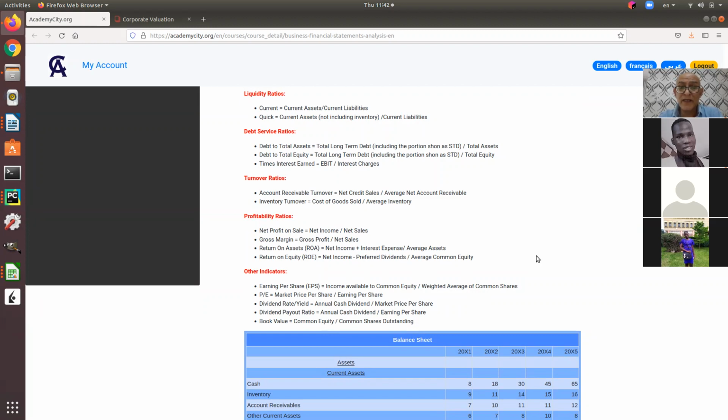Does Walmart give a lot of credit to their customers? That ratio of revenue to accounts receivable gives me some indication: do I have to give a lot of credit to make sales, or do I manage my customers in such a way that I still sell a lot, but I don't really have to hold or give credit?